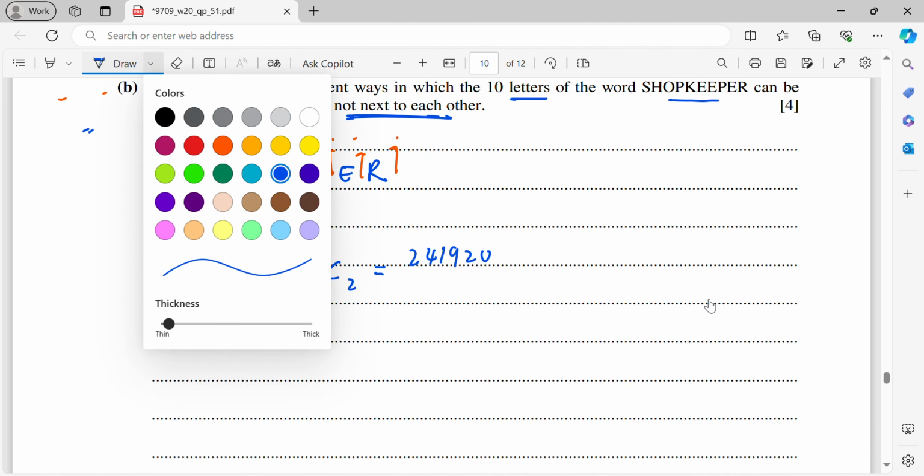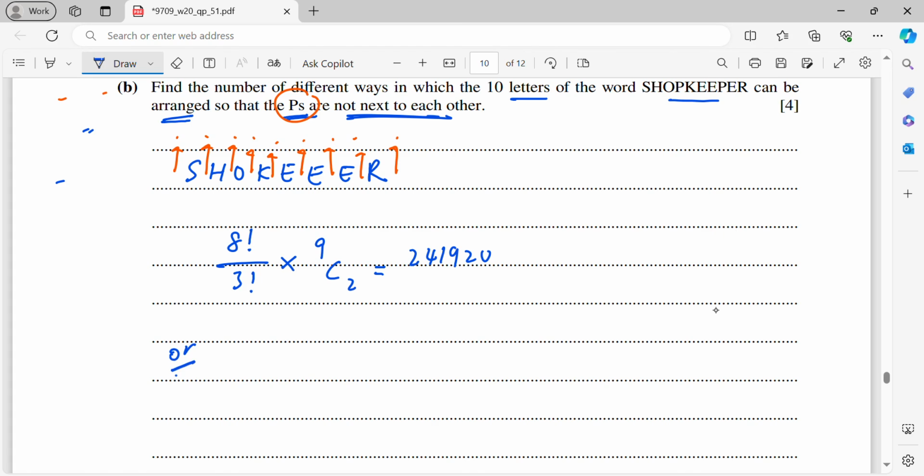I have another method which you use when the P's are not next to each other. It means you use number of arrangements equals to number of arrangements without restriction minus the P's are together.